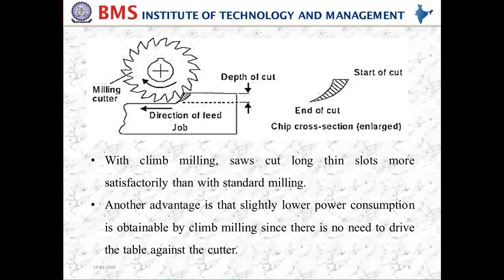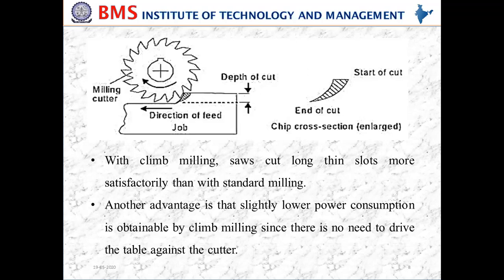And the cutting force, because the cutter is rotating in a clockwise direction, acts downward on the workpiece. This tends to keep the workpiece firmly on the work table. Whereas in up milling, it tries to lift the workpiece from the work table, in down milling or climb milling, it tries to keep the workpiece firmly on the work table.